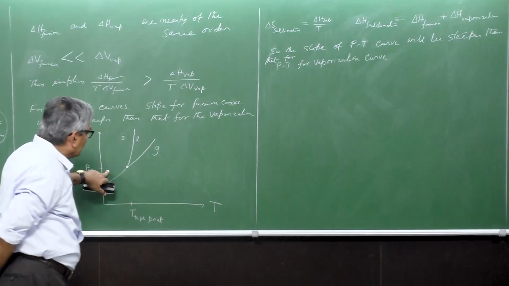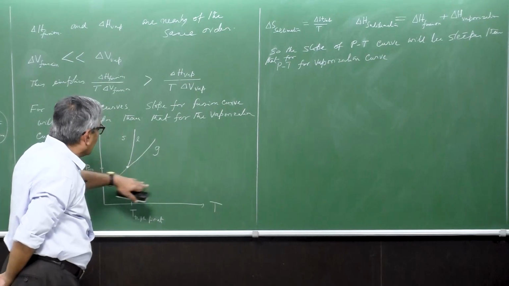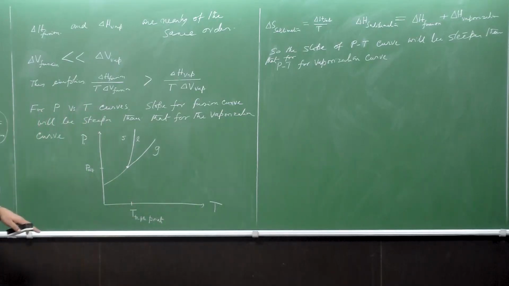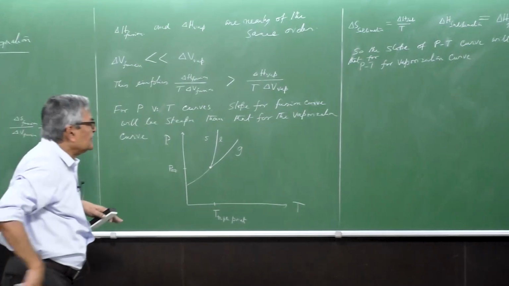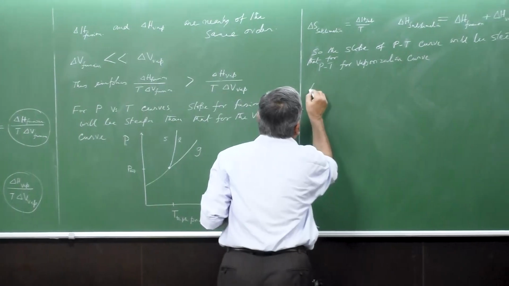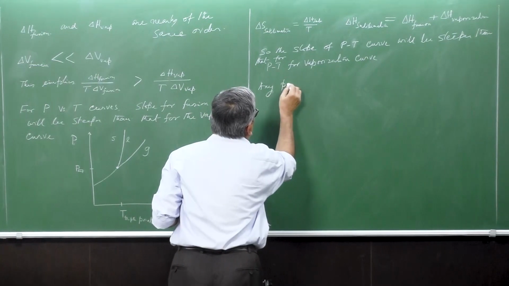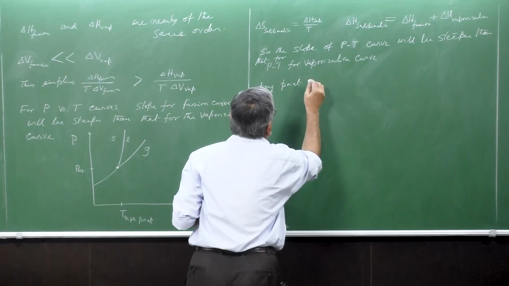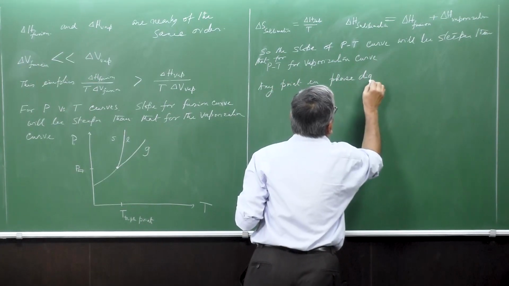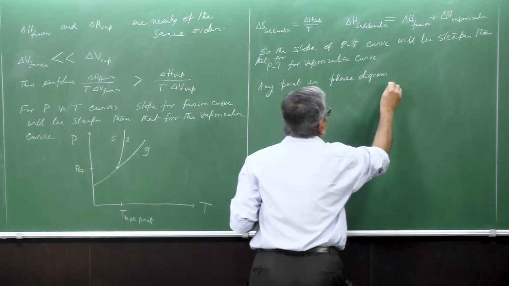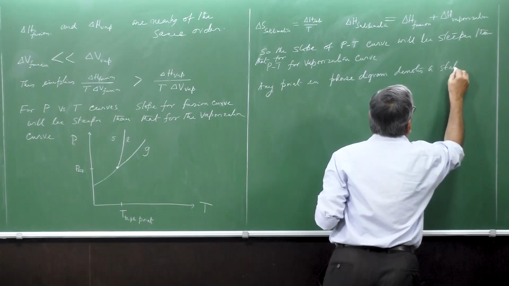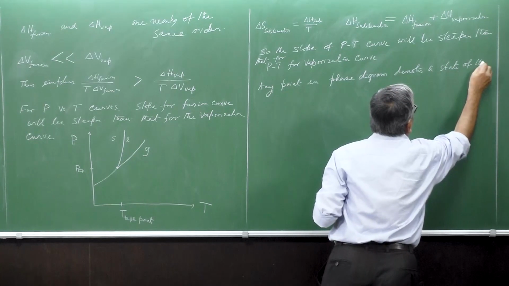So, if this is so, this curve means that any point in this PT diagram defines a state. Any point in the phase diagram denotes a state of the system.